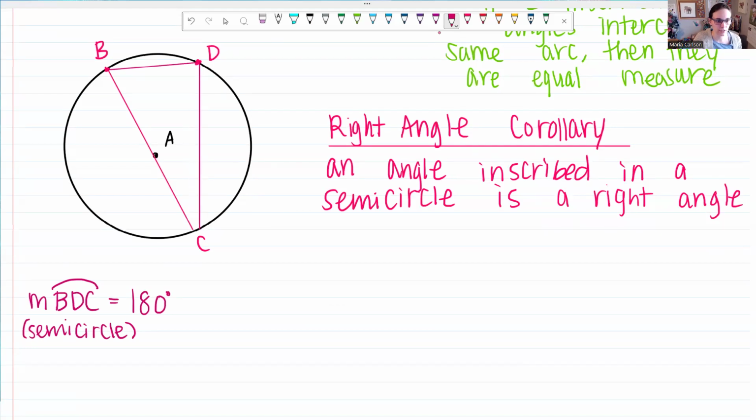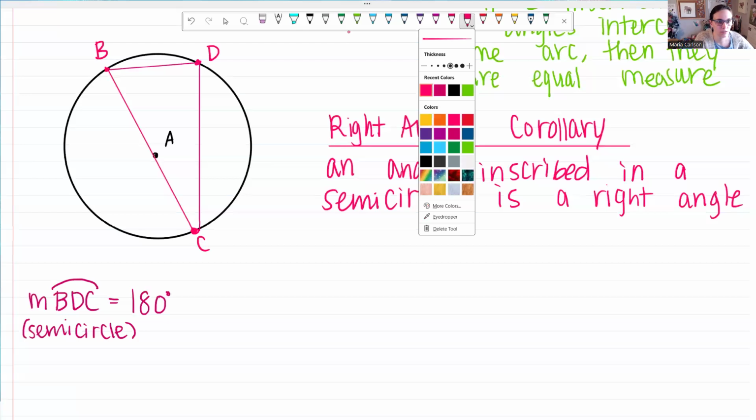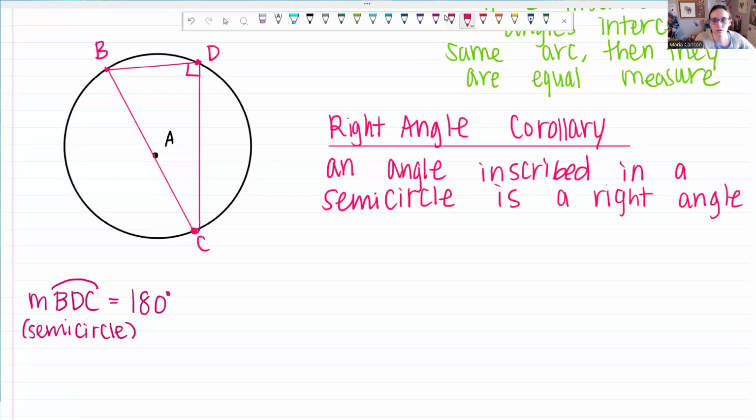I don't have a little dot here, that's no good. BDC has to be a right angle. So essentially, the measure of angle BDC is 90 because it is inscribed in that semicircle. So the intercepted arc here, if I draw the intercepted arc, this is 180 degrees.